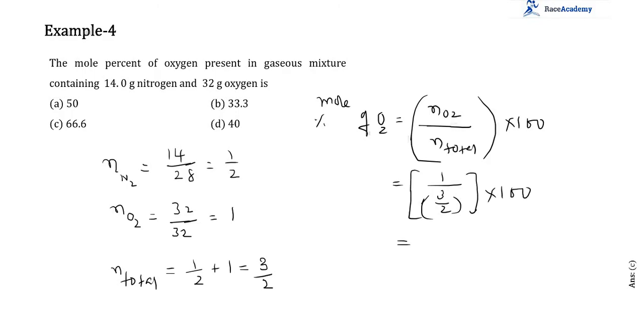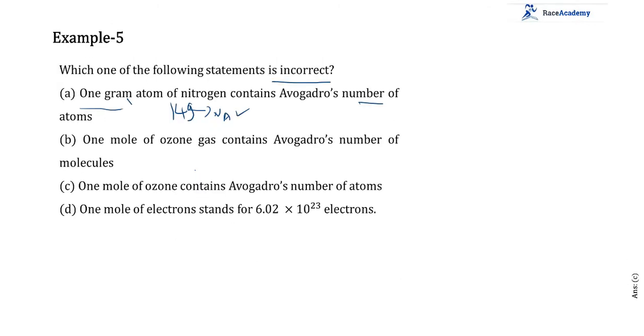So this fraction will become reversed, that is 2 by 3 into 100. So 33.33 into 2 is 66.66, the mole percentage of oxygen. Okay, the third option is the right option.